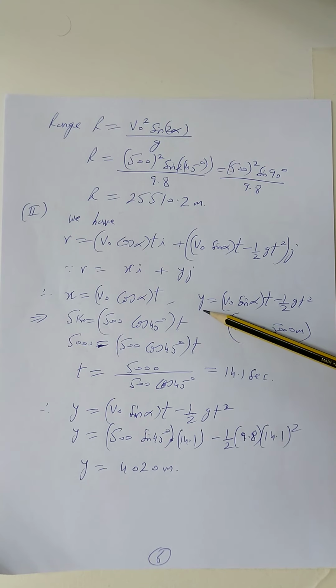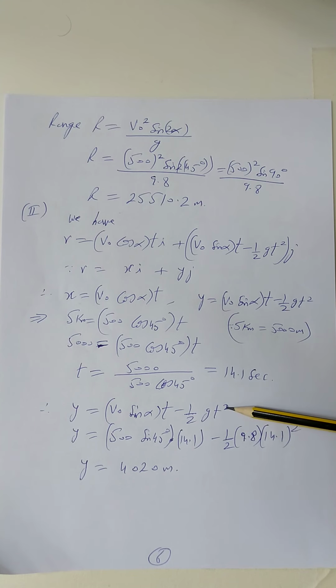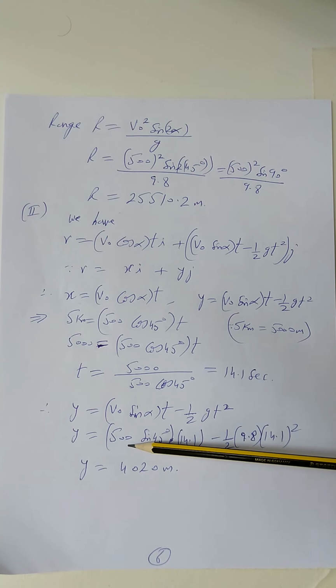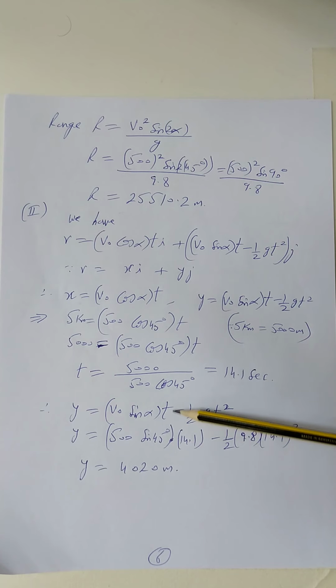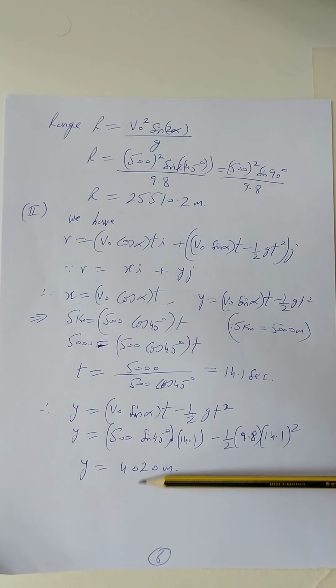The value of y is v₀ sin α t − ½gt². v₀ is given, alpha is given, and t we found as 14.1, minus half, g is 9.8, and t is 14.1 squared. If you simplify all this, you will end up with 4020 meters.